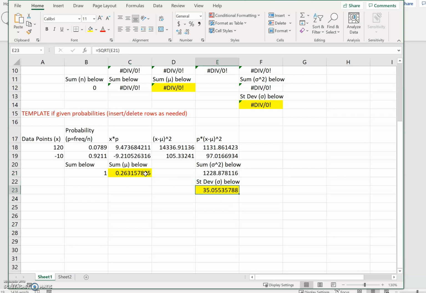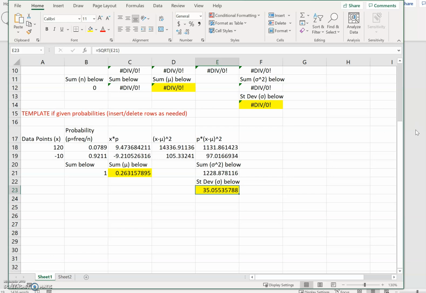The reason is you have one really small value of -10 and one really big value of 120. So you've got this huge spread in possible results that could come out of this problem. So it's not that crazy that we would have what seems like a huge standard deviation relative to the mean.